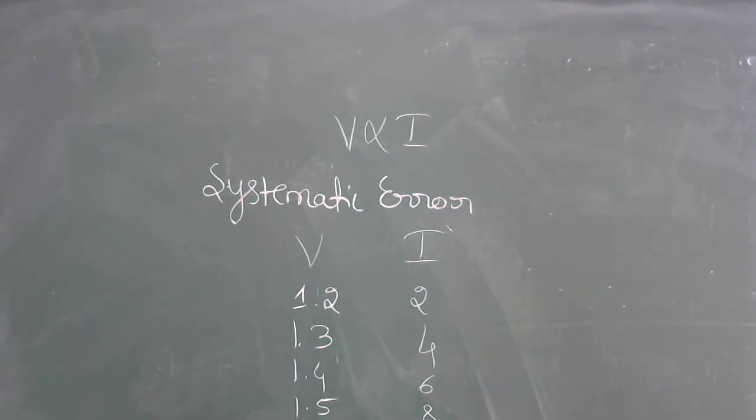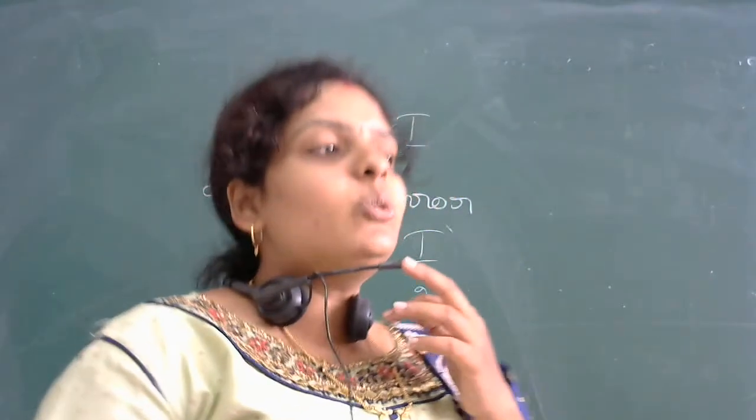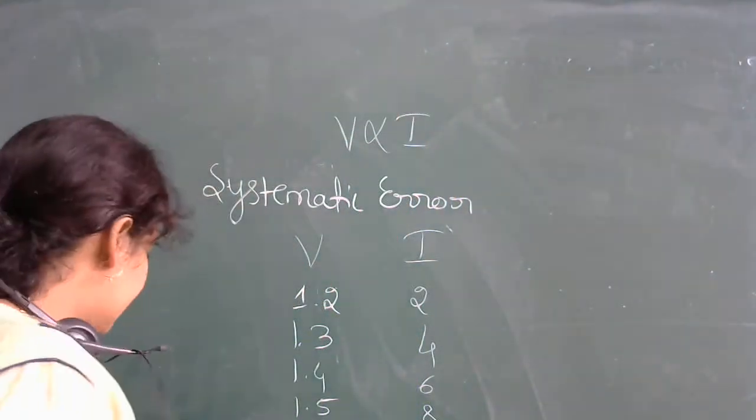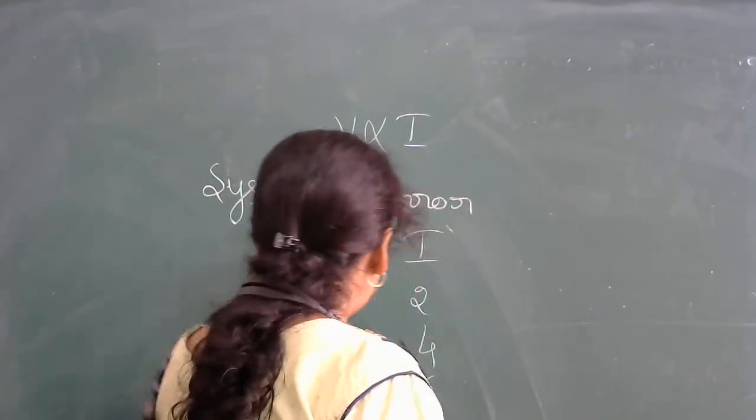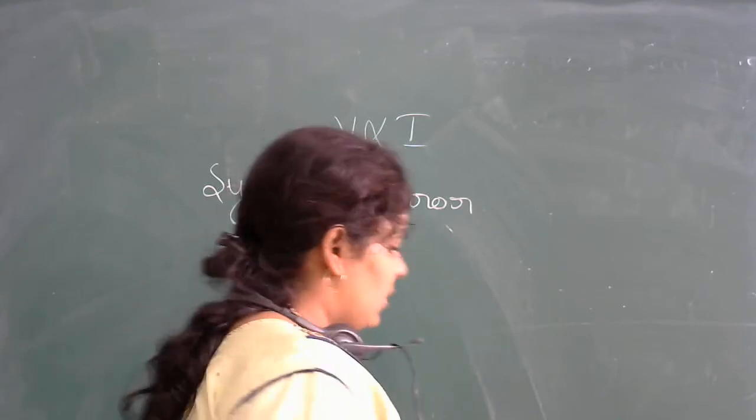Systematic error means these errors tend to shift the result in one direction, either in the positive or the negative direction of the source. So here systematic error is defined as an error which tends to, here I write the definition, so you can read this definition.